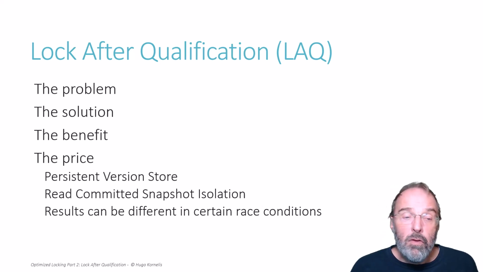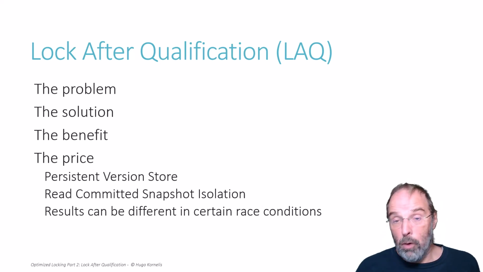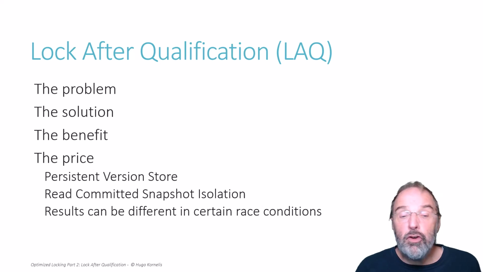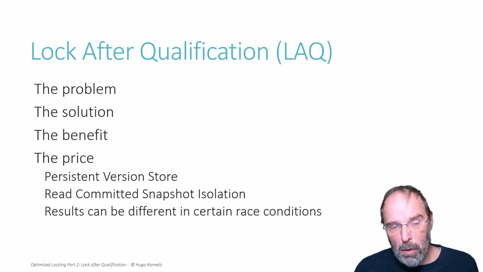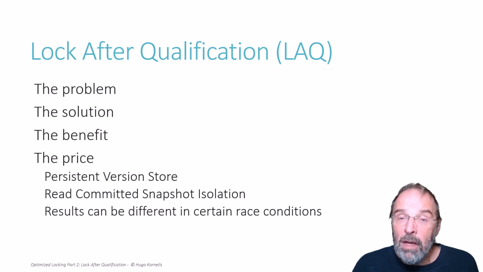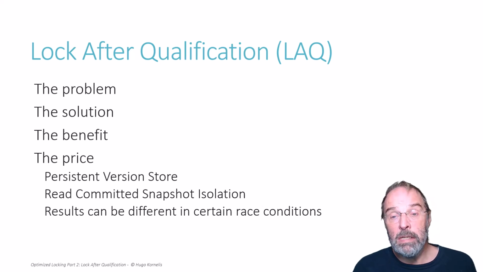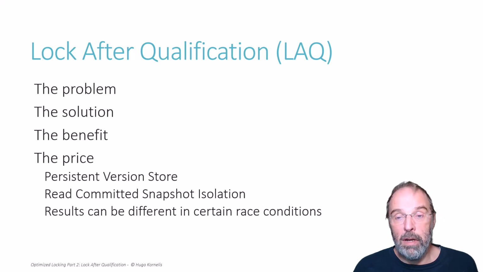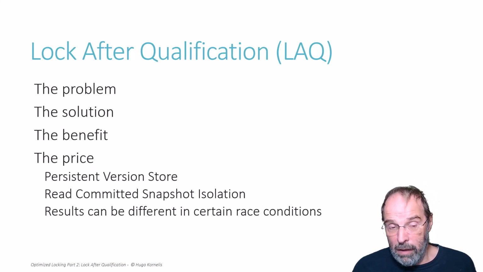But in those cases where there are other updates and where you can't use the perfect index, you might run into this problem, and Lock After Qualification neatly solves this if you can work around the possible changes to race conditions. Overall, I think I like the feature. Even though its application is a bit limited, it still is a nice to have.